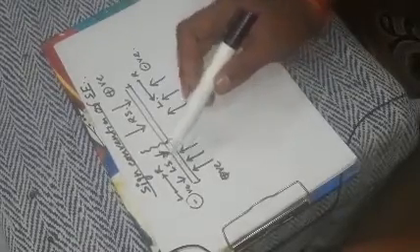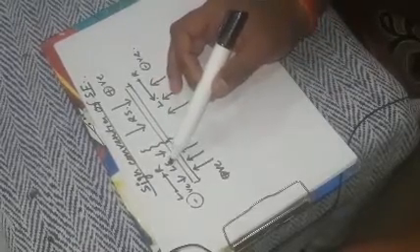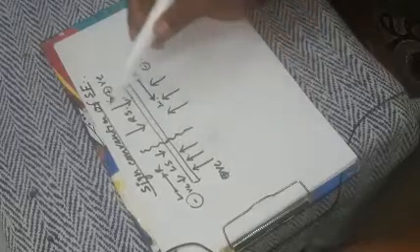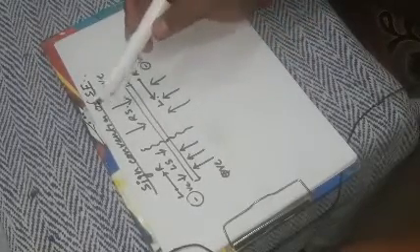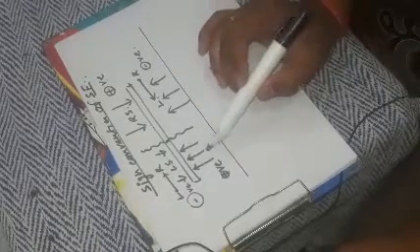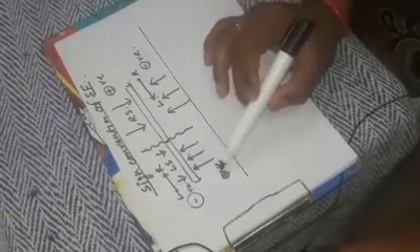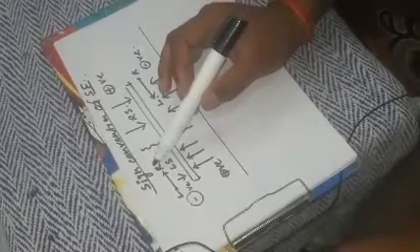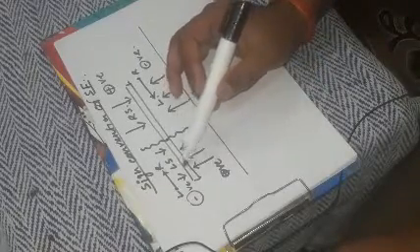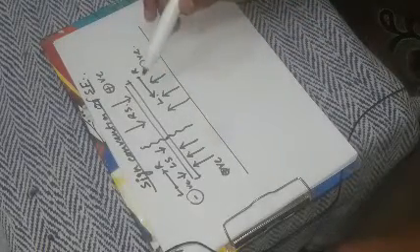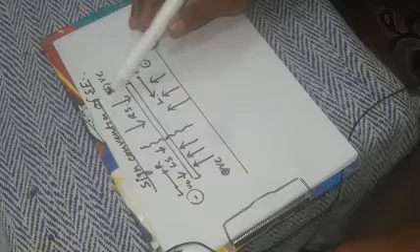For the left segment, they have considered downward positive and upward negative. For the right segment, downward negative and upward positive. But here, I am considering upward forces for the left segment positive and downward forces for the left segment negative. And for the right segment, upward forces negative and downward forces positive.